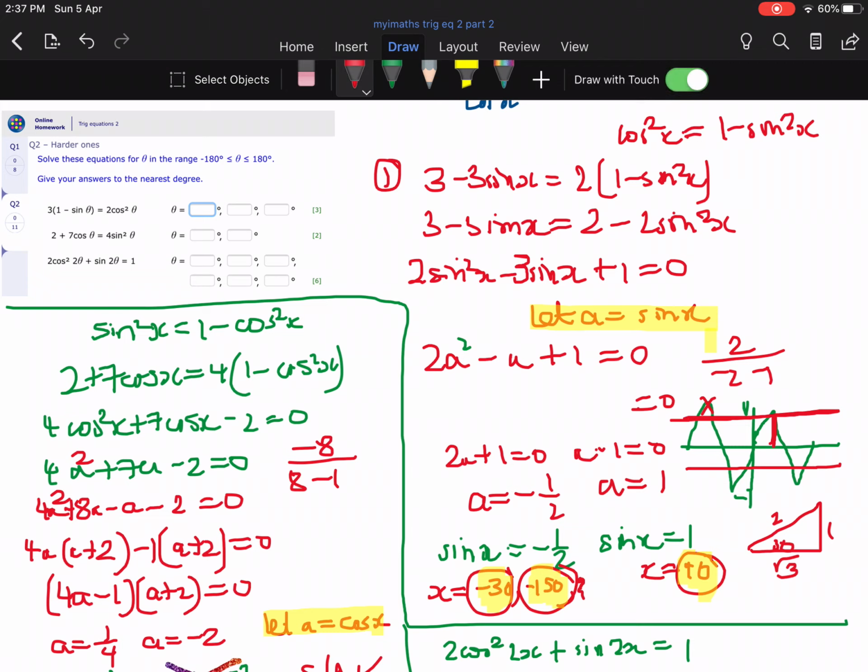Let's change that, so that would be negative 3. 2a squared negative 3a plus 1. So what multiplies to make 2 but adds to make minus 3? So that's right. So then that would be 2a squared negative 2a, negative a plus 1 equals 0. So that would be 2a bracket a negative 1, and that would be negative 1 bracket a minus 1.